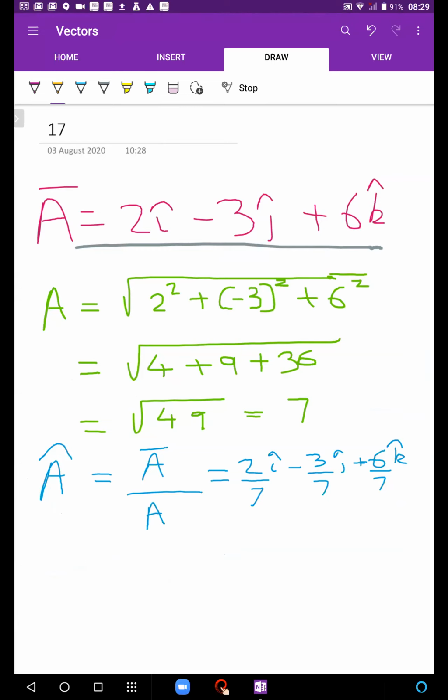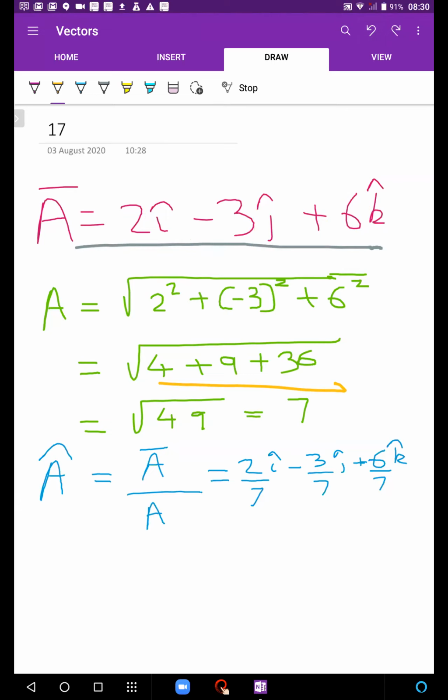Just directly apply your Pythagoras theorem on these coefficients. 2 square is 4, minus 3 square is 9, 6 square is 36. That also tells us that this minus sign doesn't really affect your magnitude, because even if you square it, the minus sign is going to disappear.